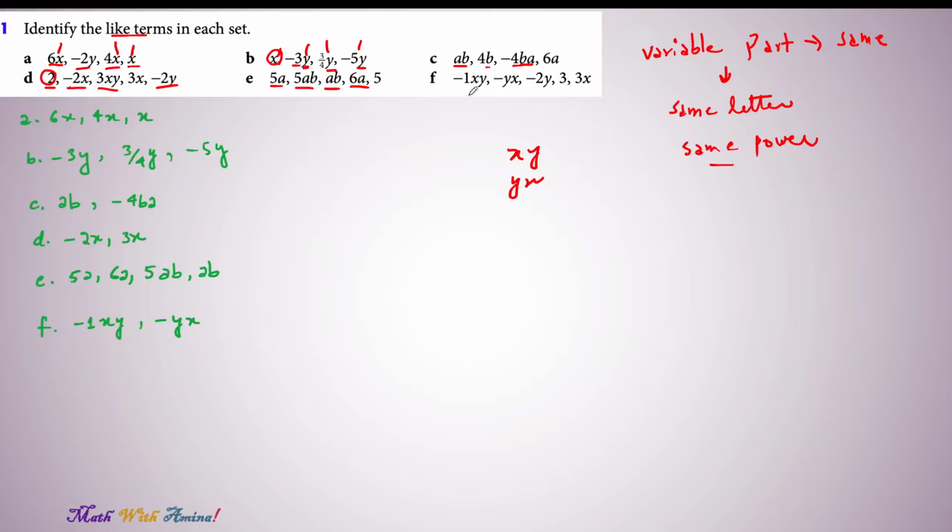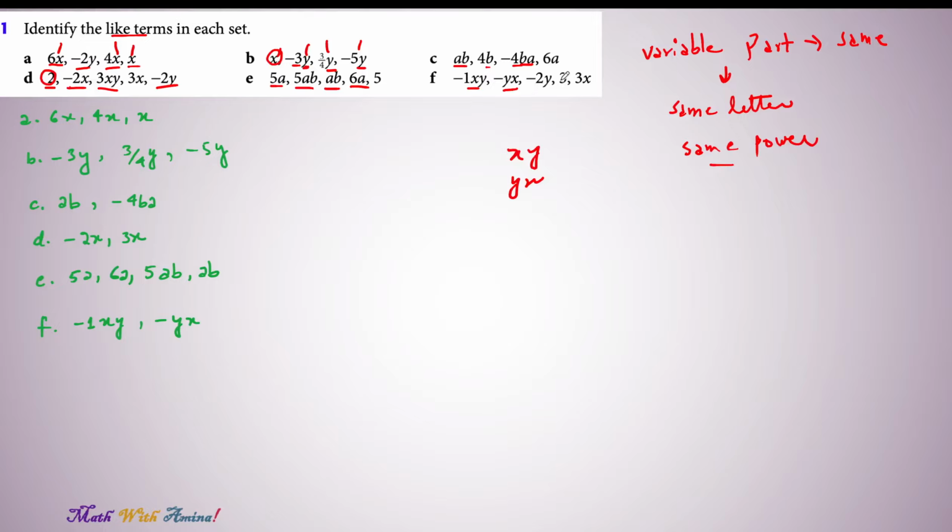And in the last one we have minus 1xy, minus yx, minus 2y, 3, and 3x. So starting with the xy, again in here the order is changed, but the variables and their powers are the same, so therefore we can say that minus 1xy and minus yx are not the same terms but like terms.